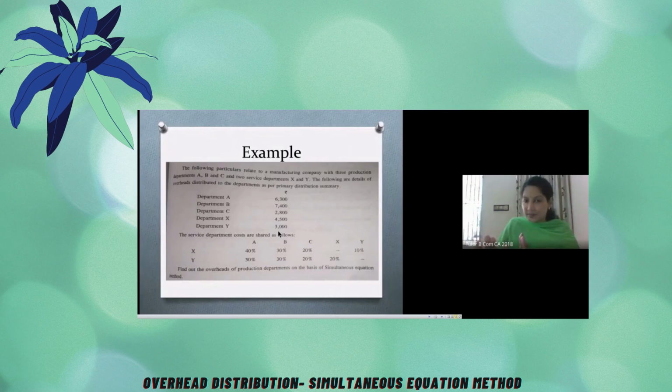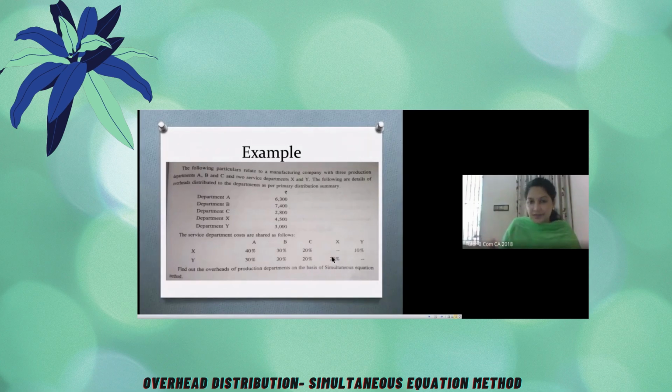That you have to remember. Then, looking into the reapportionment, we can see that 10% of Y's share is shared with X, and 20% of X's share is shared with Y.